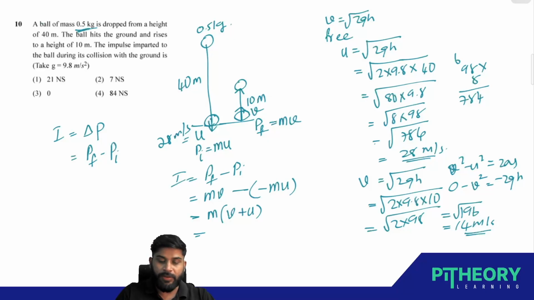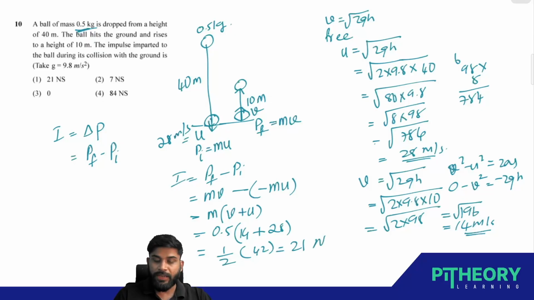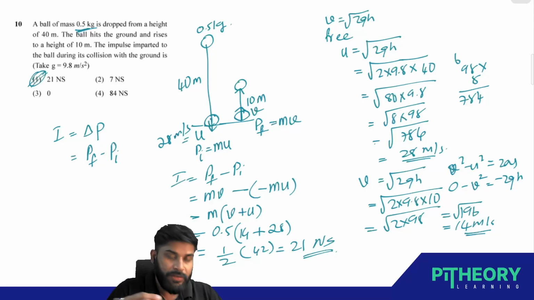It is given 0.5. 0.5 into v plus u is 14 plus 28. How much is that equal to? 0.5, obviously it is 1 by 2, into 42. You're going to get 21, correct? Newton second. That will be the SI unit for impulse also, right? So 21 Newton second will be the answer. So the clear answer is option number 1.